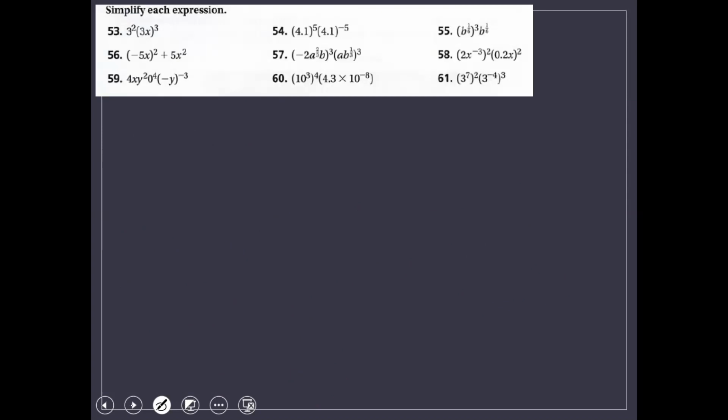Now, if I want to simplify the expression, they ask me now, because we solved 59, let's choose 59 here. 4x y squared, 0 to the power 4, times negative y raised to the power negative 3.